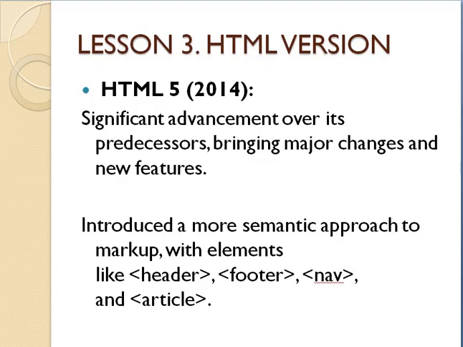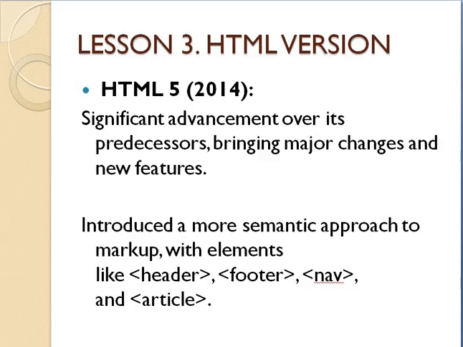Then the next one we have, which is the last and is the one that we are going to be using for our HTML, is HTML 5. It was created in 2014 by the same W3C. You can see it has significant advancement over its predecessor, bringing major changes and new features.